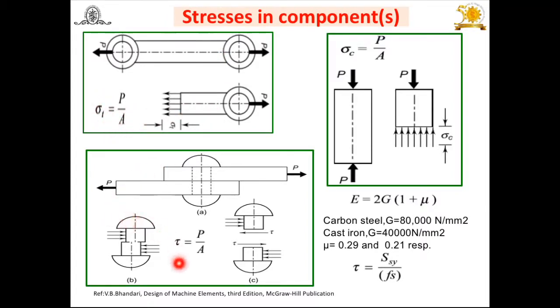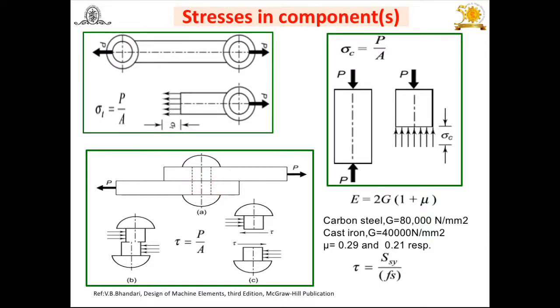Another direct stress is the shear stress. Look at this: two plates are joined by using rivets. When the rivet is subjected to the force P, you will find that at the middle, shear of the rivet may occur.